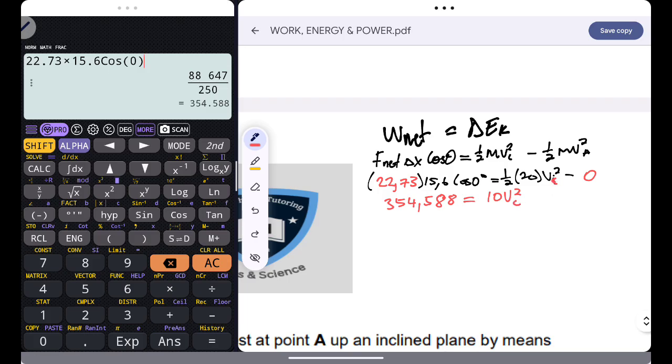All together, if I divide both sides by 10, I'll simply get v squared to be equals to 35.4588. So the velocity at position C, just put the square root on both sides.